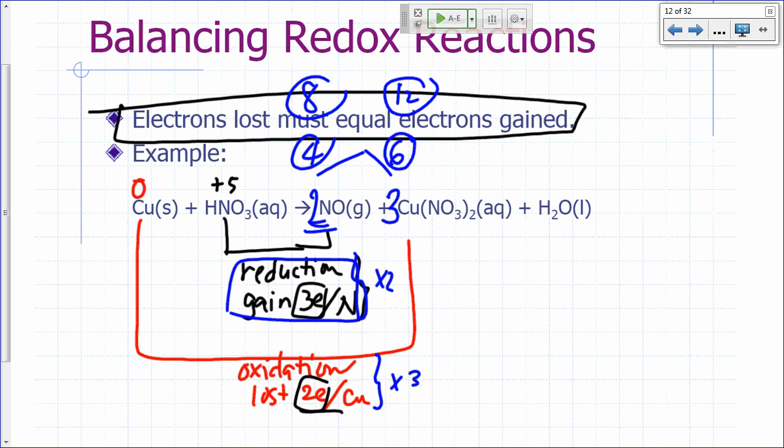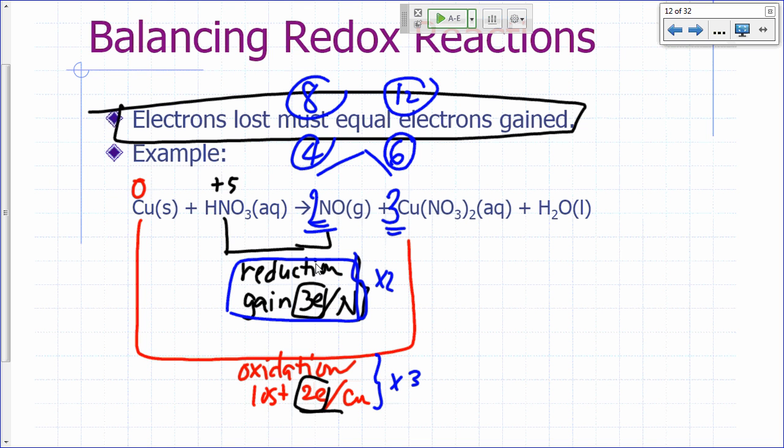So that sort of fixes that. That constraint fixes those two and simplifies things for you. You have less to worry about in terms of trying to adjust coefficients. Now, as far as balancing the rest of this equation, you should already know how to do that, so I'm just going to leave it at that. Try to balance this on your own.